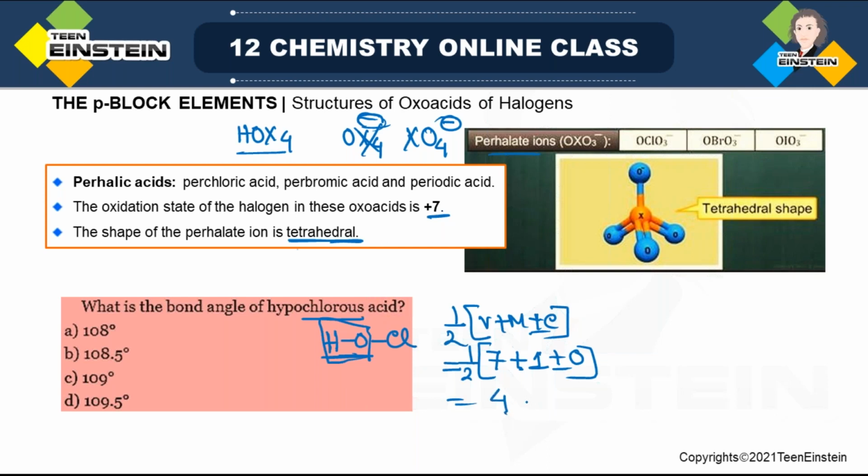So this is 4. That means it is tetrahedral geometry. And if it is tetrahedral, then what should be the angle? The standard angle, we know, is 109 degree 28 minutes. So that will be the correct one. It is sp3 hybridization.